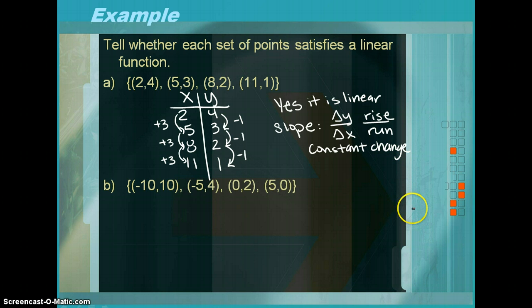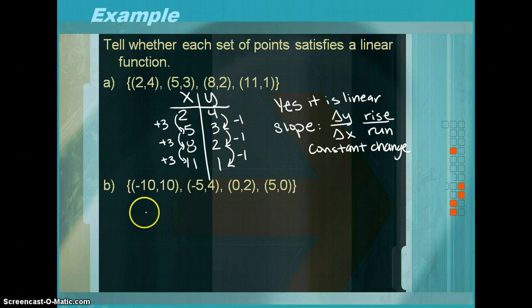If it doesn't, then it wouldn't be considered linear, which is why it's important to check that the increase or decrease in the x's are the same throughout the points, or from point to point, or from number to number, and that the same applies to the y's. Now, you'll notice that on each side they don't have to be the same, but it is key that as you go from one to the next, the numbers stay the same.